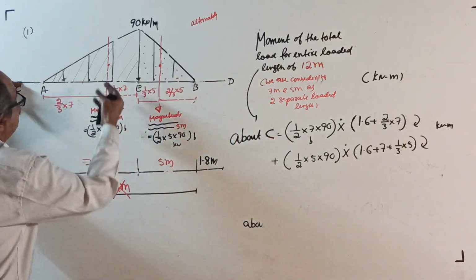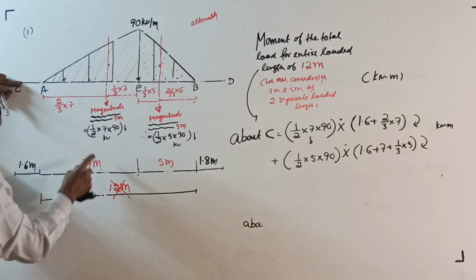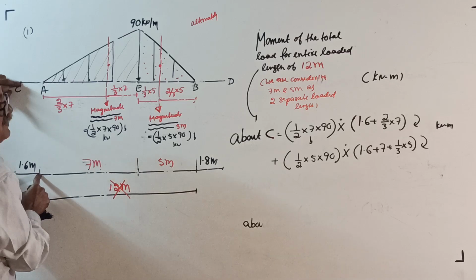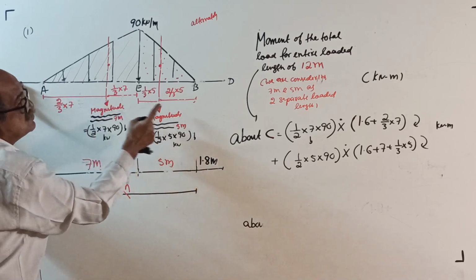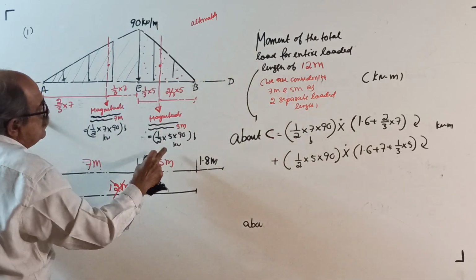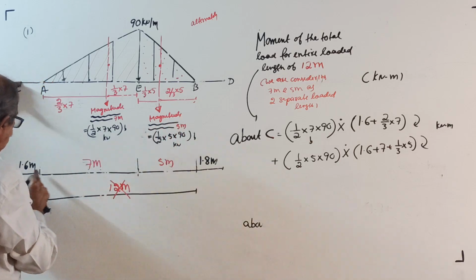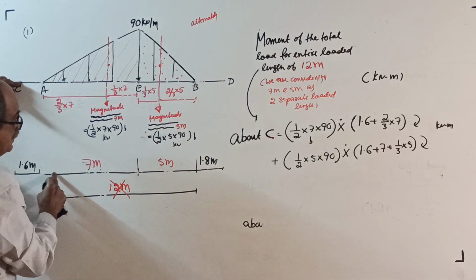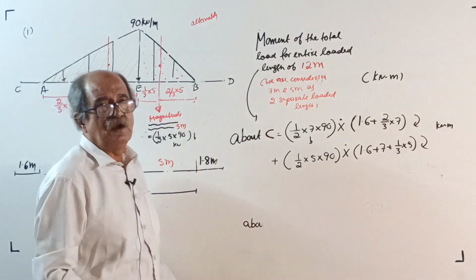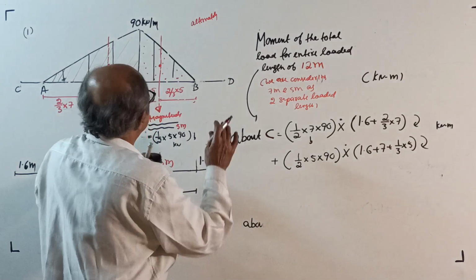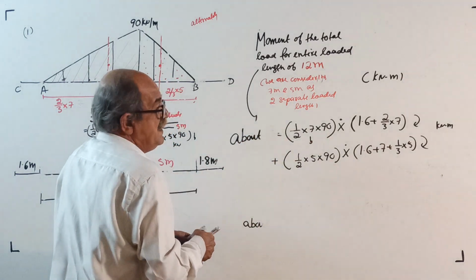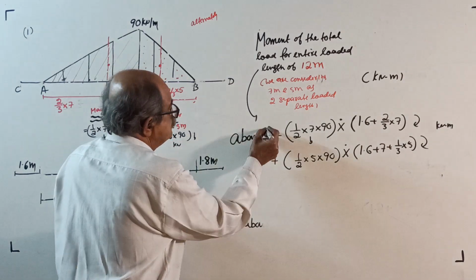Moment about C. Half into 7 into 90 is the load into 1.6 plus 2/3 of 7. Again clockwise. Half into 5 into 90 into 1.6 plus 7 plus another 1/3 of 5. Both are clockwise. Now, lastly, about D. This is the last one. One more part is pending. I will complete it.